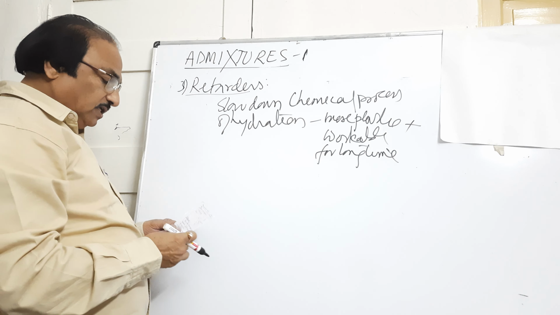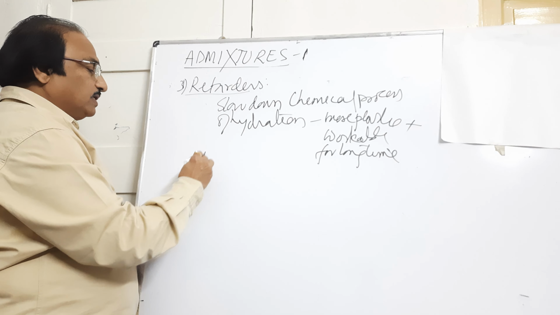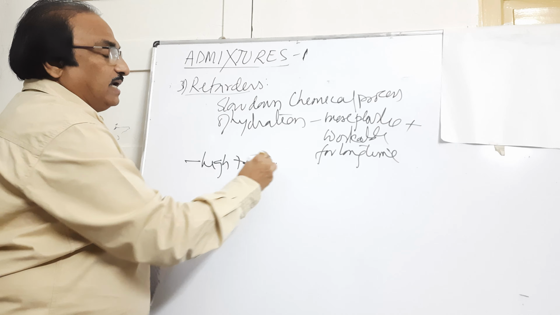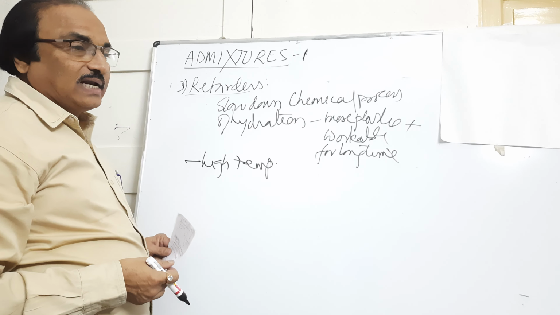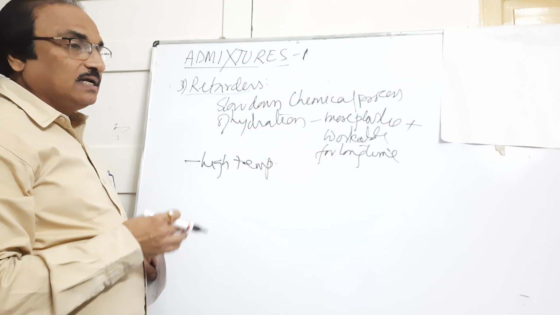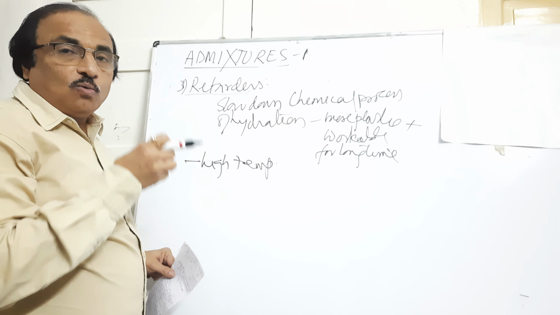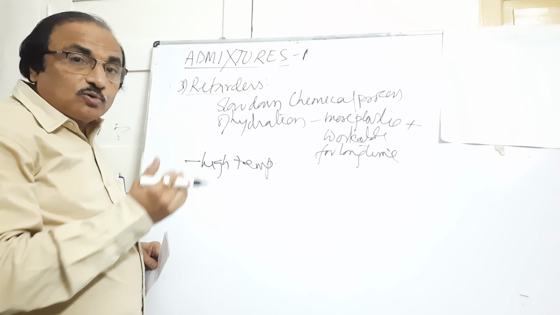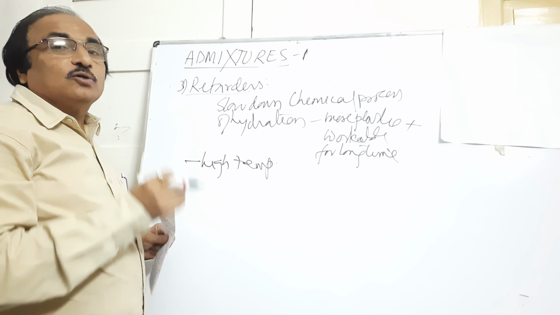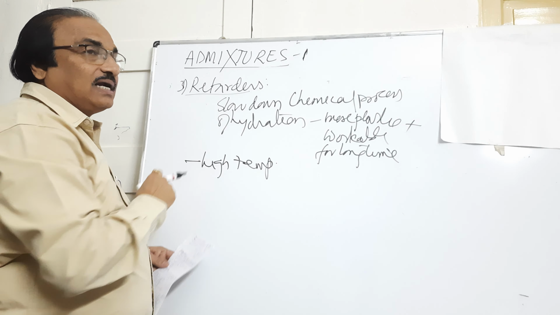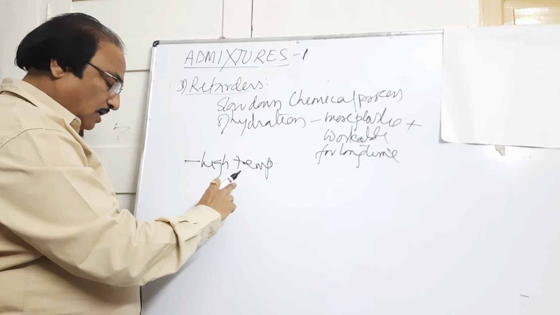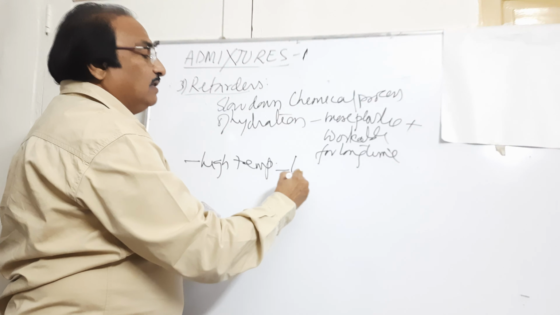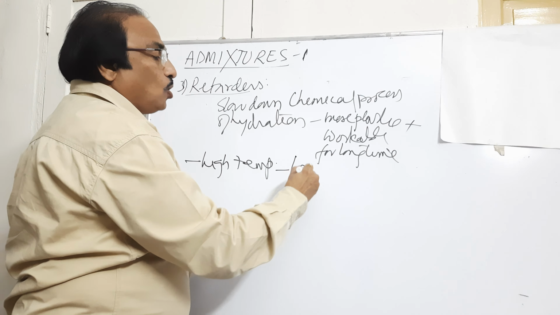This type of admixture we use in high temperature. In high temperature areas, the water we are adding will evaporate fast, and the water available for hydration will get reduced fast. So there we want to slow down the hydration process. In such circumstances we add retarders. Retarders are also used whenever there is long transportation.